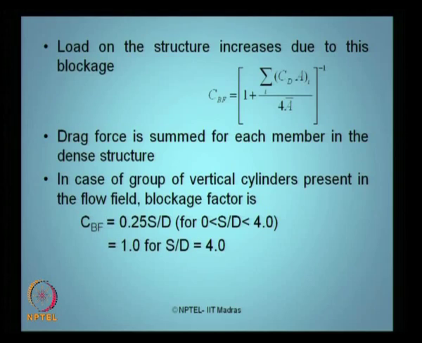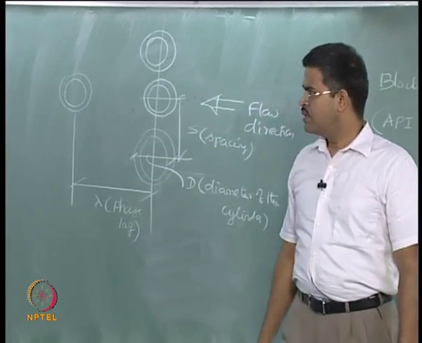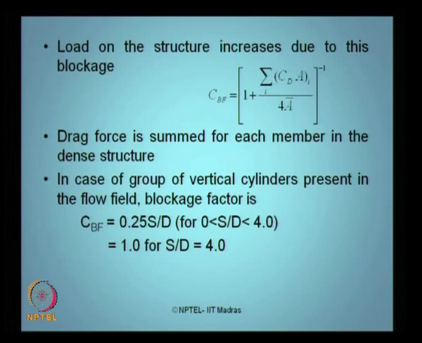On the other hand, you can also look at the blockage factor for a group of vertical cylinders in the other format, which is a function of spacing and diameter. If the spacing versus diameter ratio is less than 4.0, then you can simply use the blockage factor as 0.25 S by D. If this value is exactly equal to 4, then you can use the blockage factor as 1.